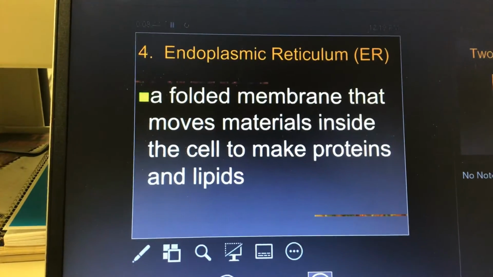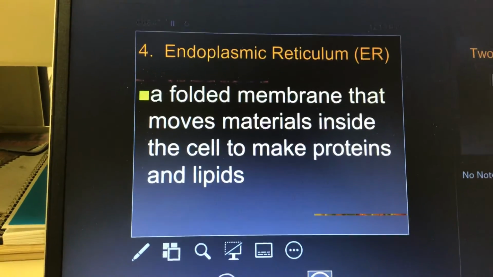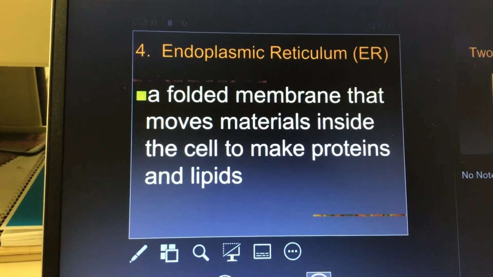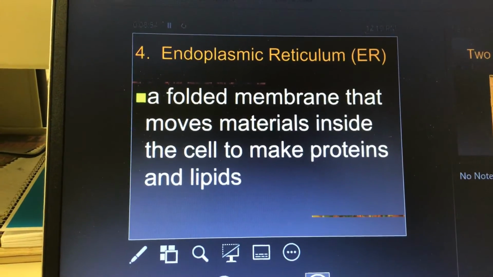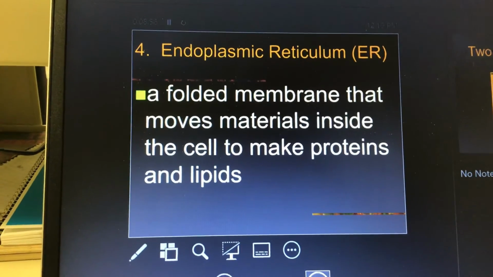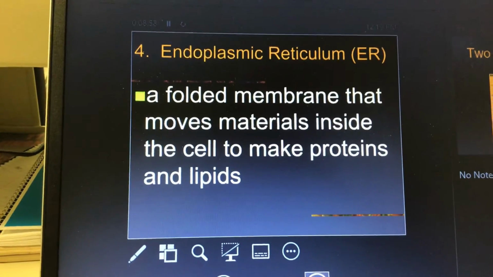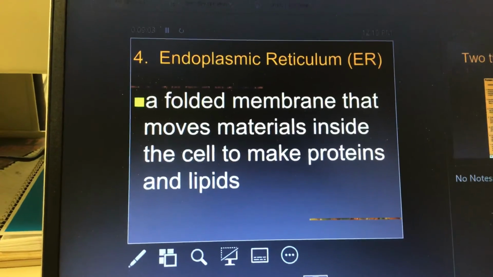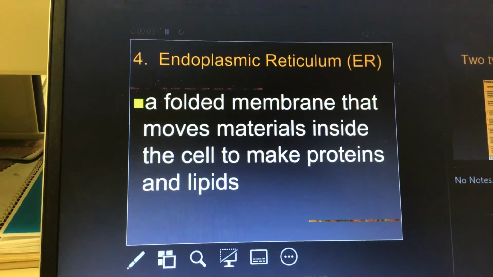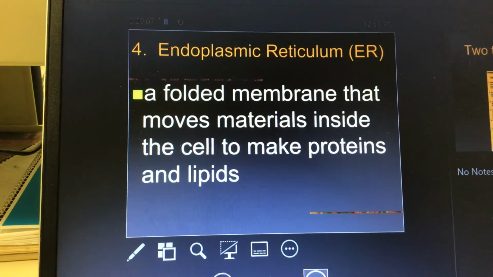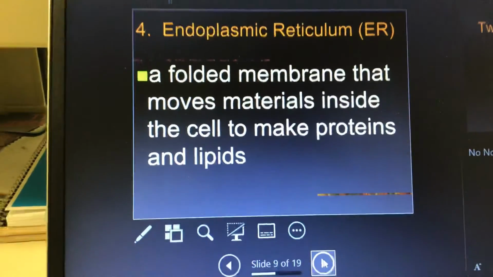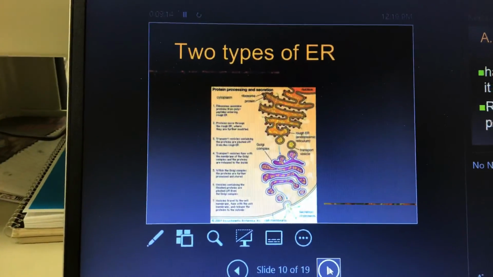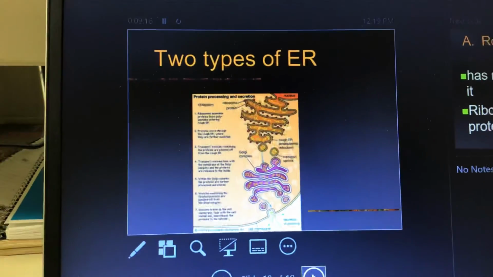People always think of fat as a bad thing, and it's not. Now, too much fat, obviously, yes, but your body needs to build fat to do things like take in vitamins, and it helps with your nerve responses as well. So your ER is going to move materials inside the cell to make proteins and lipids. And there are two types of ER, and I think that would be a great place to stop.